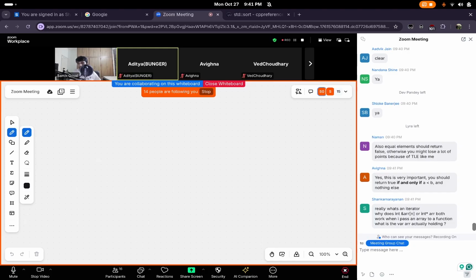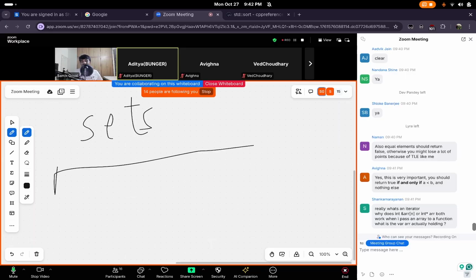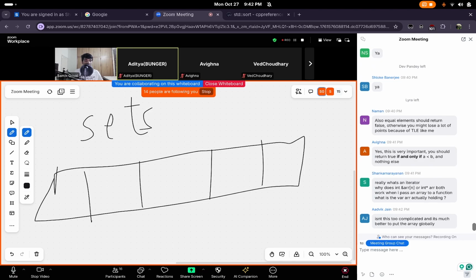Okay, so let's cover sets first. Sets are sort of like an array, but not really. In sets, again, you just have a list of integers, but you have it automatically sorted.